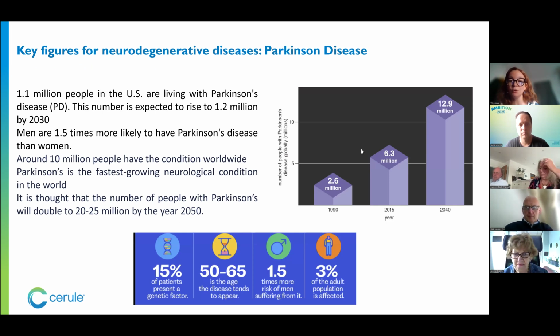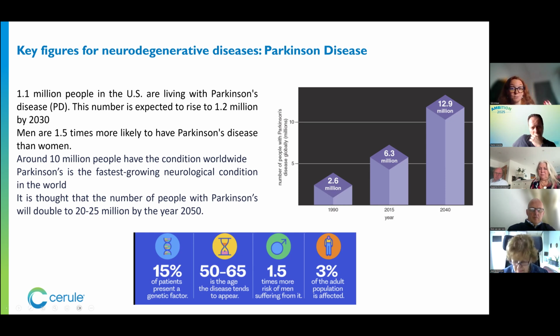For the first one, I will give you some key figures of Parkinson's disease, why we are talking about this neurodegenerative disease. In fact, it's the fastest growing neurological condition in the world. As you see in the graphs, we have more and more cases.